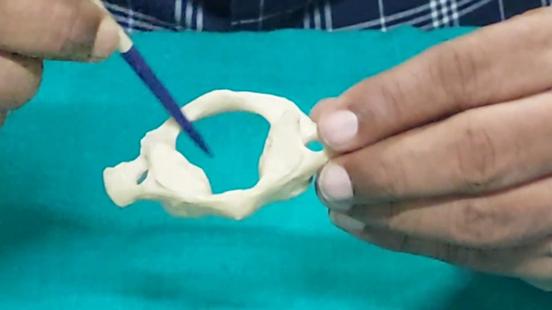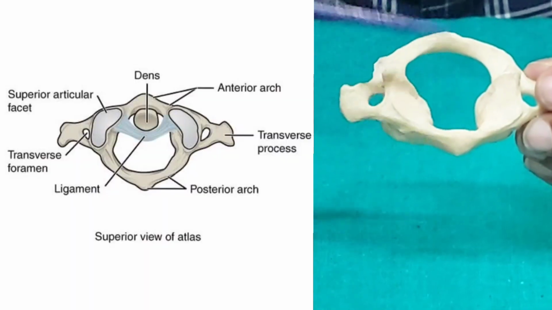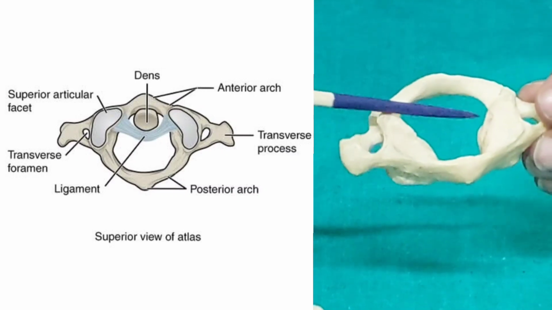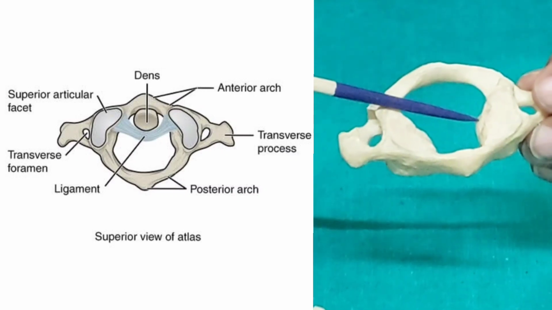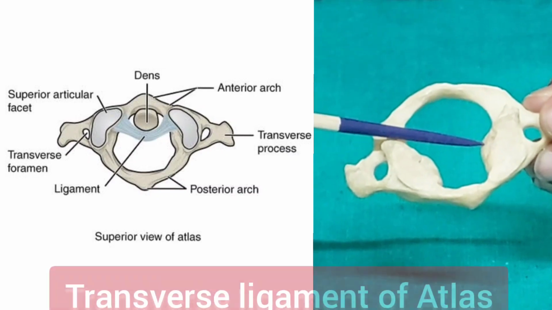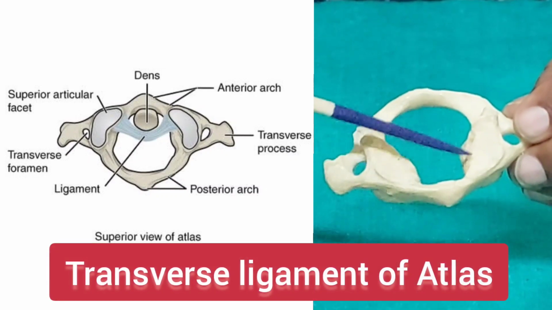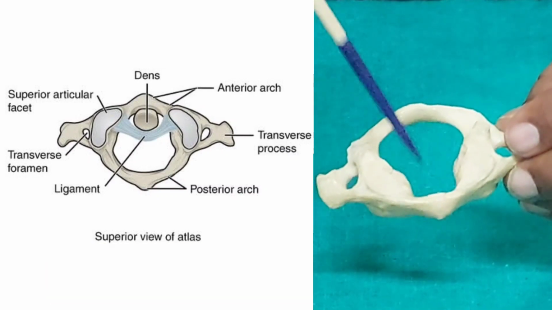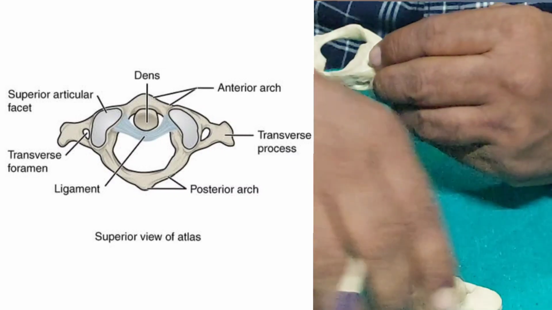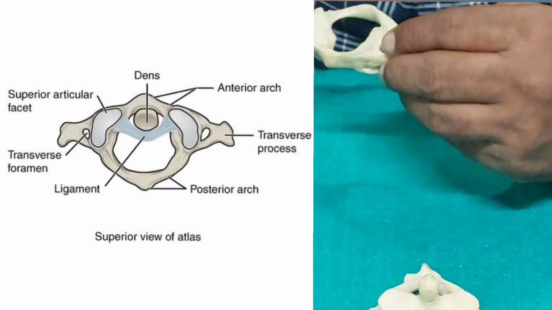The vertebral foramen of the atlas, this one, is divided into two compartments by the transverse ligament of the atlas. I told you this is the attachment of the transverse ligament. So it is divided into two compartments, one anterior, one posterior. The main content of the anterior compartment is the dens or odontoid process of the second cervical vertebra.